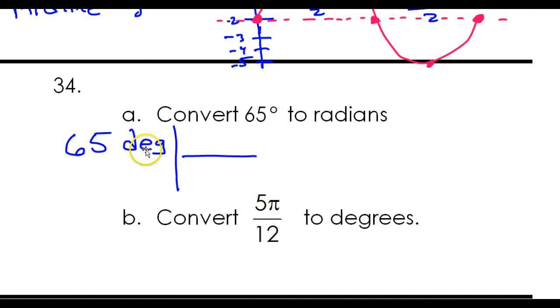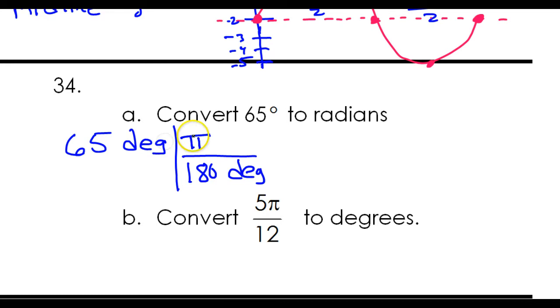Well, I want to cancel out degrees, so I'm going to put 180 degrees in the bottom. That way degrees will cancel out. And of course up here I'll have pi radians. Now radians have no units, so I'm not going to write anything down. But the absence of units means radians.